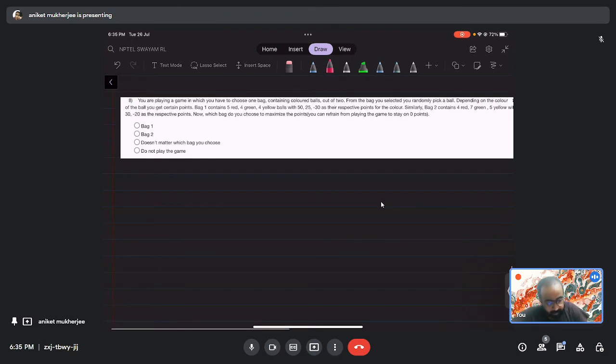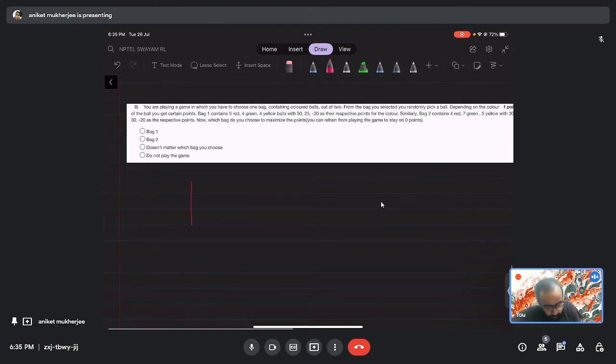So let me draw 2 bags. This is bag 1 and this is bag 2. In bag 1 I have 5 red, 4 green and 4 yellow ones with points 50, 25 and minus 30.